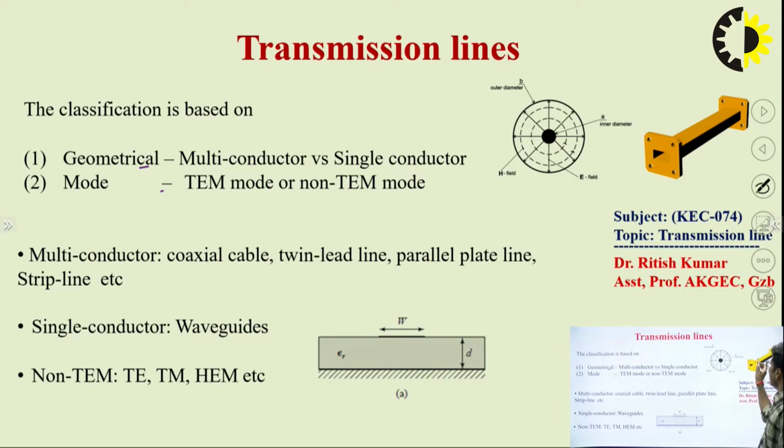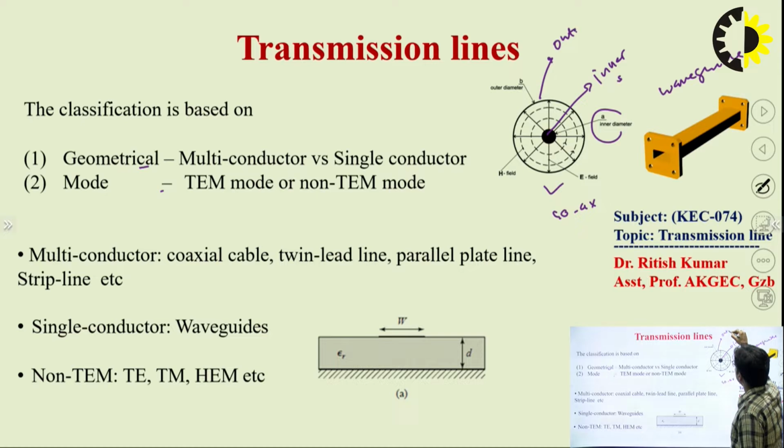Here I represented a kind of transmission line. The first one is the coaxial cable transmission line, and the second one is the waveguide. You can see here this transmission line has two conductors. The first one is the inner conductor, and this one is the outer conductor.